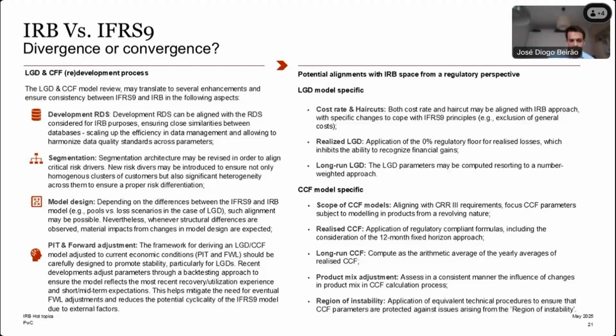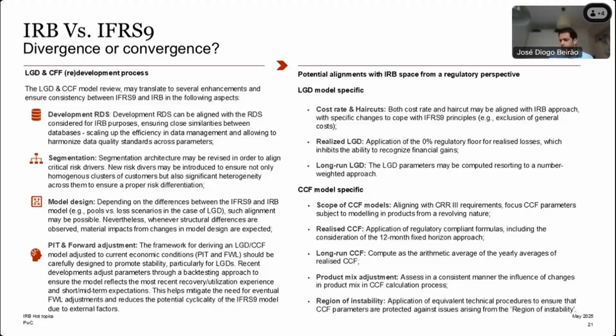From the model design perspective, we would say that this is one of the most challenging components. Sometimes what we see is a big difference between how LGDs are considered for IRB and how LGDs are designed for IFRS 9, with differences being quite structural, and changes here typically drive a lot of impact, the LGD being a parameter that is very sensitive vis-a-vis its ACL impact.